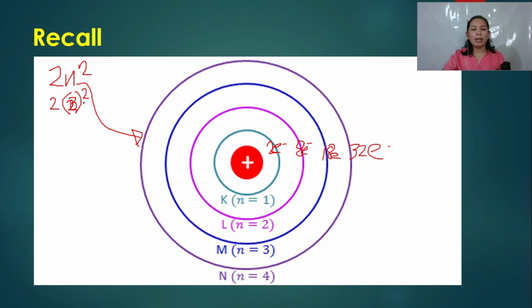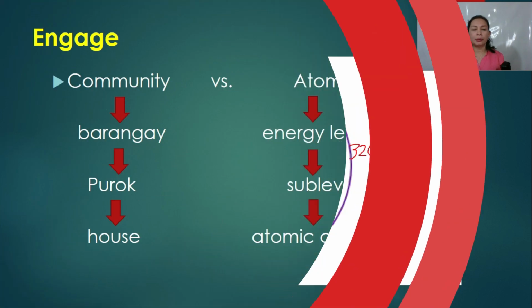That will be 9 times 2, and that is equivalent to 18 electrons. And in the fourth energy level, we square 4. That will be 16 times 2, and that is equivalent to 32 electrons. Are you reminded already of the total number of electrons by energy level? Okay, very good.